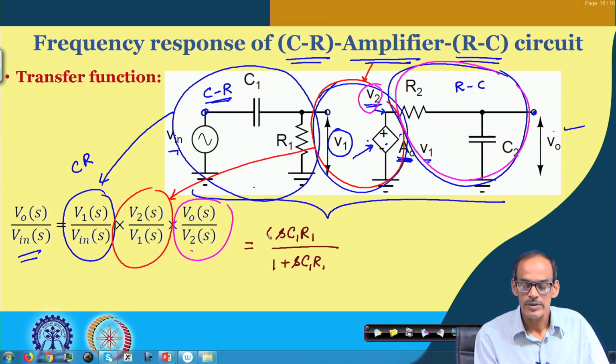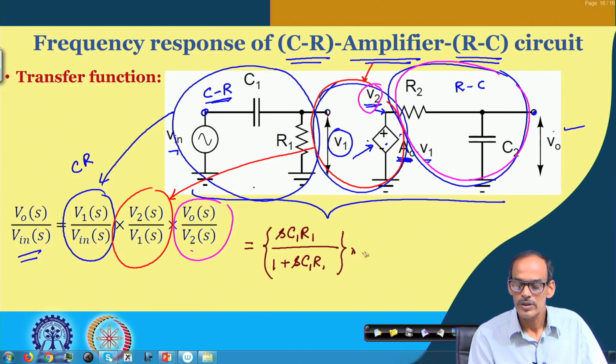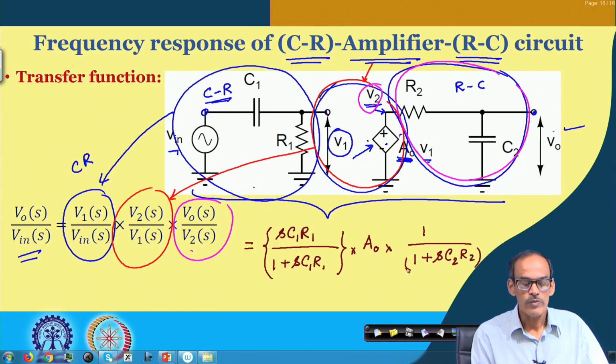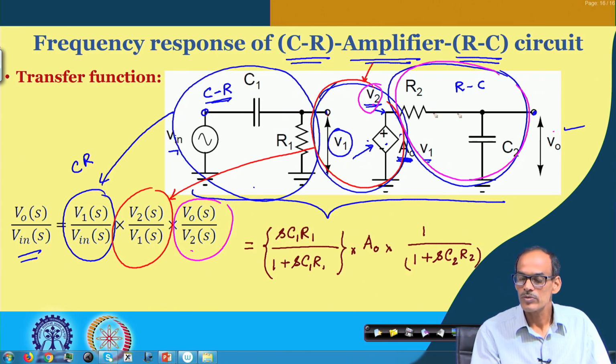So, this is the first part, and then the second part is from here to here. The corresponding transfer function is simply this A naught. The third part is the RC circuit, and we have seen before that its transfer function is 1 by S times the corresponding C and R. So, overall, this is the input to output transfer function.